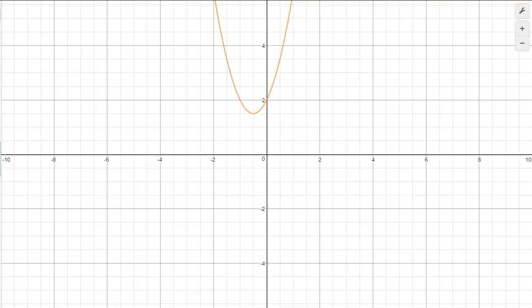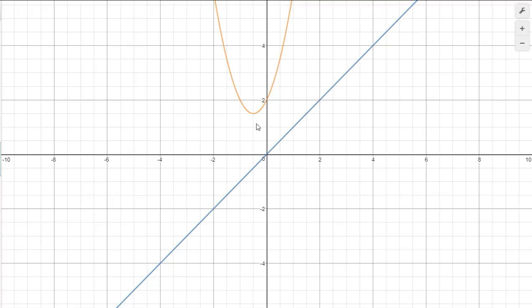the inverse function is reflected around this line here, the unity line, where x equals y. You've got a line there with a slope of 1, where whatever x is, that's also what y equals.